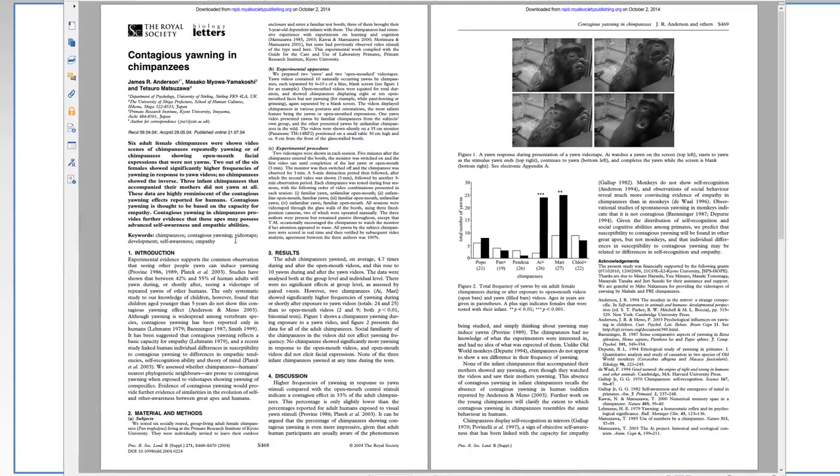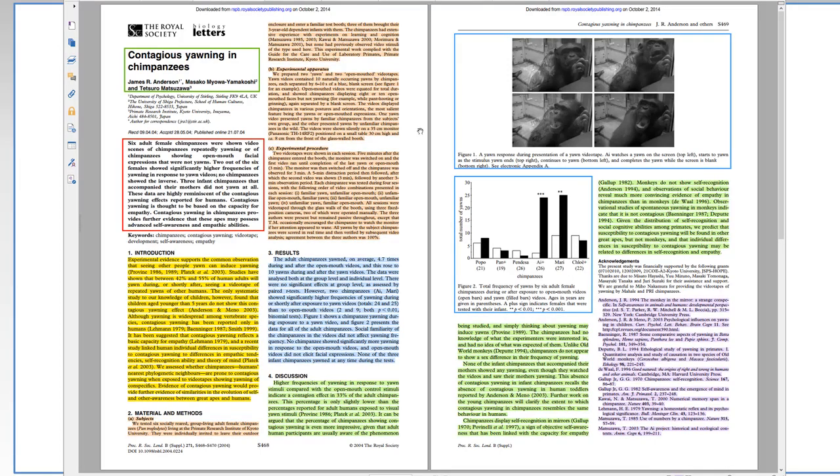Here is an example of one research paper about contagious yawning in chimpanzees. If I highlight the different areas, then you can see that here are the four main sections. Here's the introduction, here's the material and methods, here's the results, and here's the discussion in green.